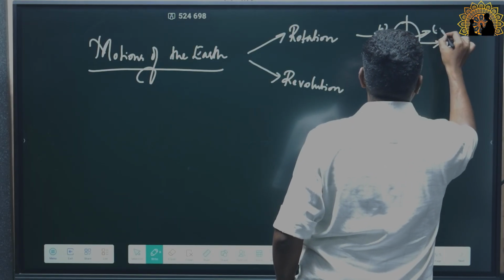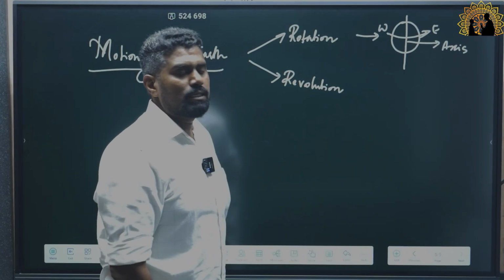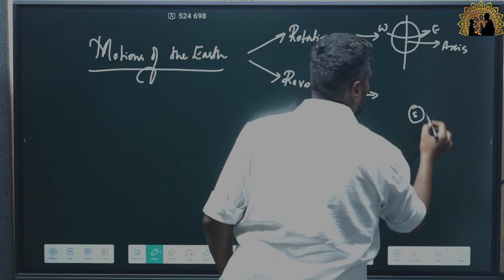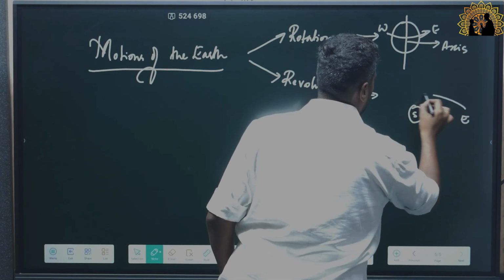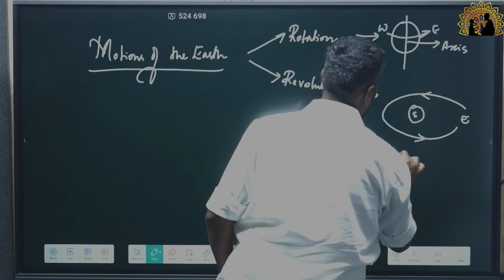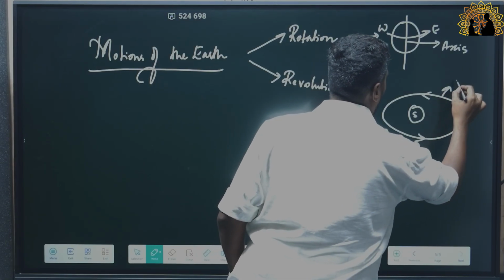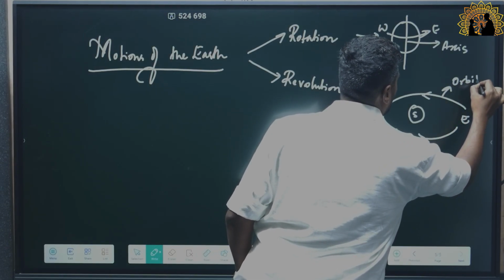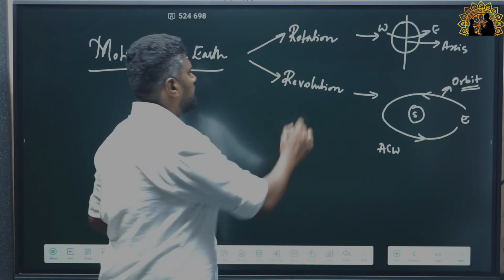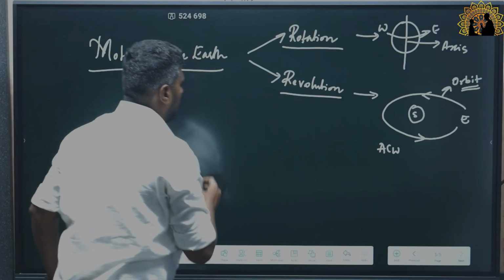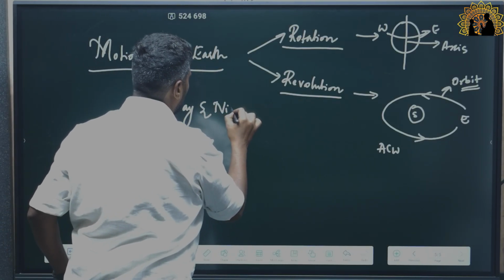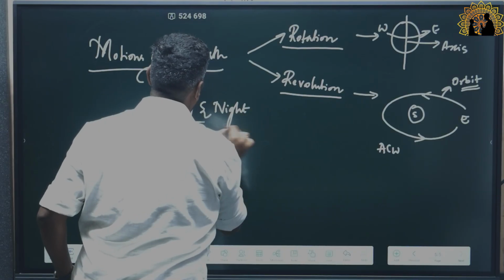Earth rotates from west to east. Revolution is around any object. We have the sun, and this is Earth, so it revolves around it in an anti-clockwise direction, on an orbit, right? Because of this rotation and revolution, we have day and night.